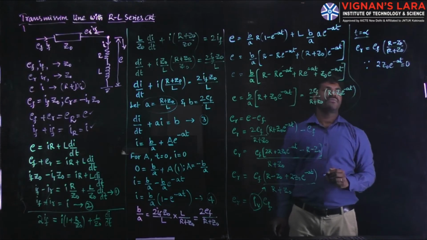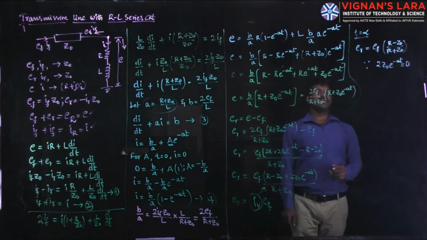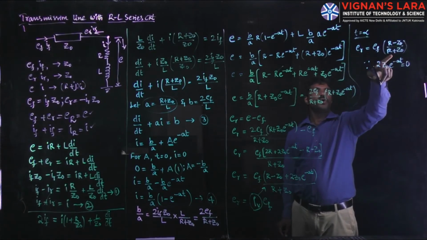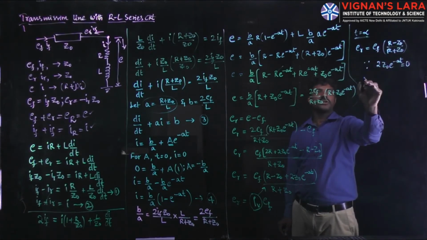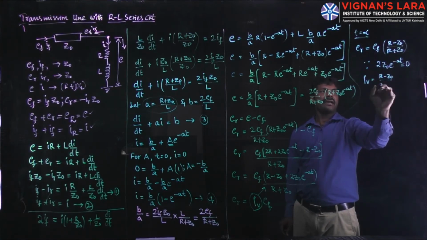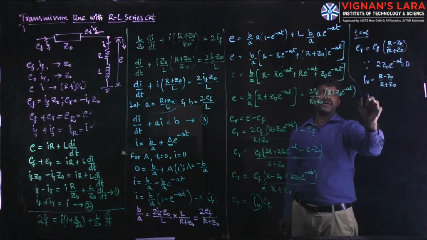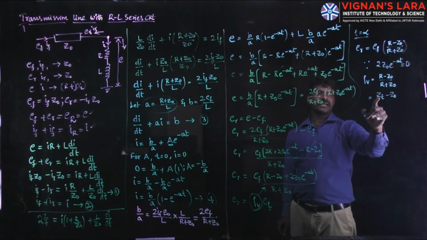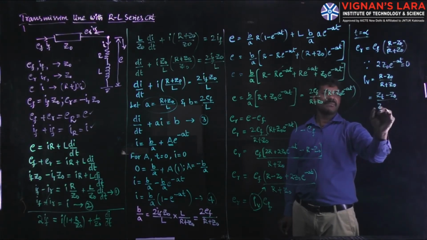So the reflected value under steady state, t equal to infinity, is rho v times the incident, so this rho v value will become R minus Z naught by R plus Z naught, which corresponds to a pure resistive network. For a pure resistive network, the circuit termination ZT gives ZT minus Z naught by ZT plus Z naught.